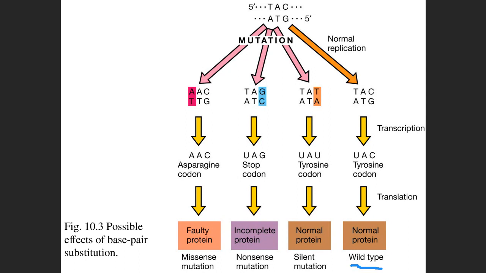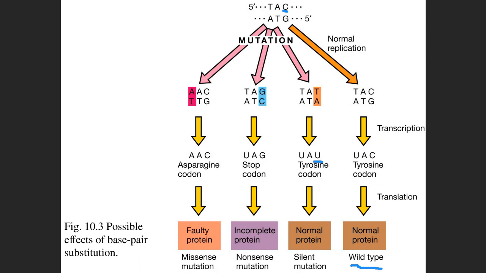However, you can have a mutation during the DNA replication. A C gets changed to a G when you replicate. I'm sorry, it's C. CG gets changed into TA. Then it gets transcribed into UAU, and luckily it's still tyrosine because of the third codon wobbling, remember?